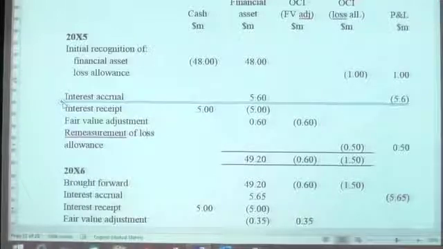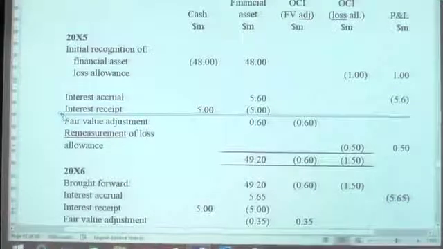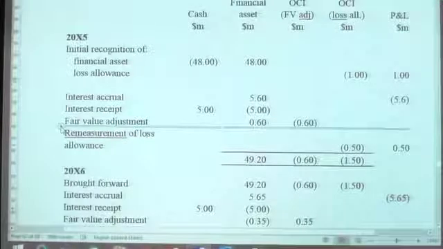Thereafter you need to identify the cash receipt 5 million, coupon interest, cash debit, financial asset credit. Got it? Finally you need to restate your asset into the fair value. There is a fair value gain of 0.6, asset debit, OCI credit again, right?